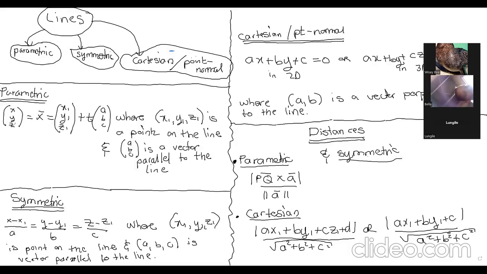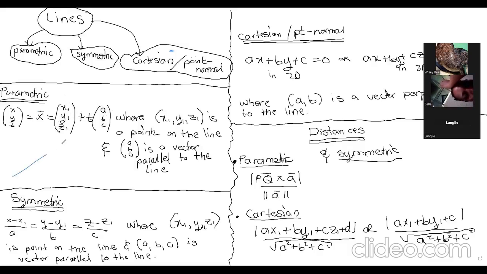So this is a vector, or sometimes I can just put an x representing a vector. This is equal to x1, y1, z1, which is the point on the line, plus t(a, b, c). A, B, C is like a vector that is parallel to a line.